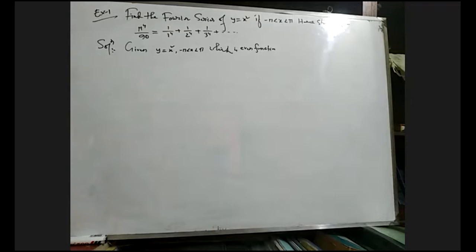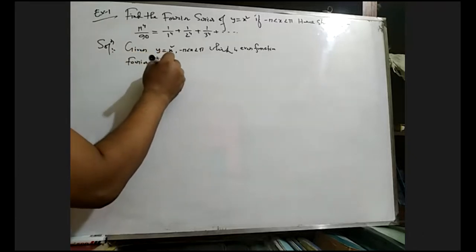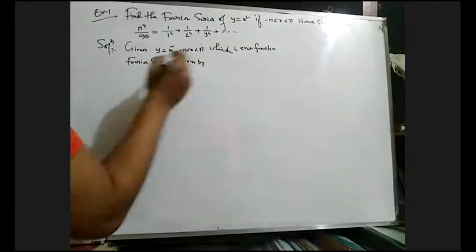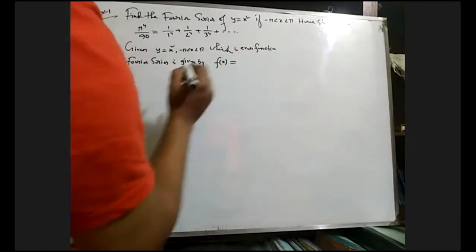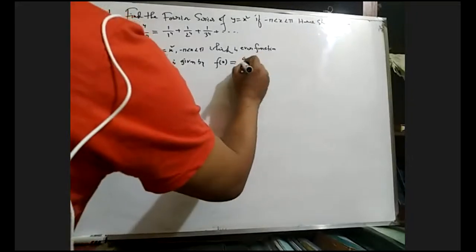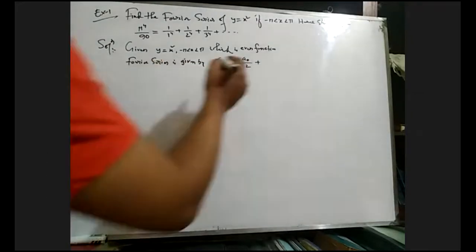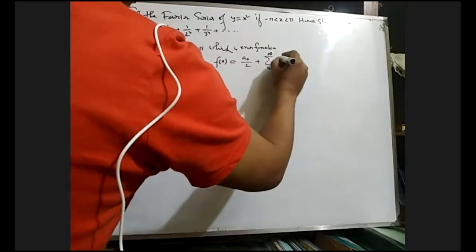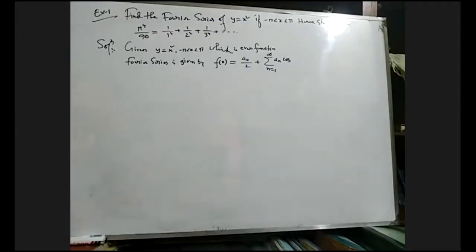So for this, the Fourier series is given by f of x equals a naught by 2 plus summation n equals 1 to infinity a n cos nx, because sine will be omitted.